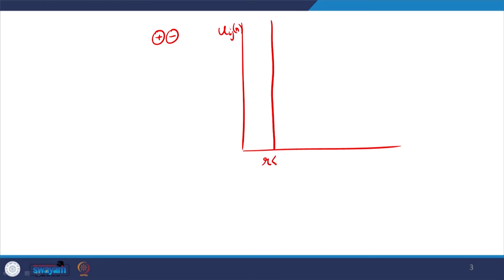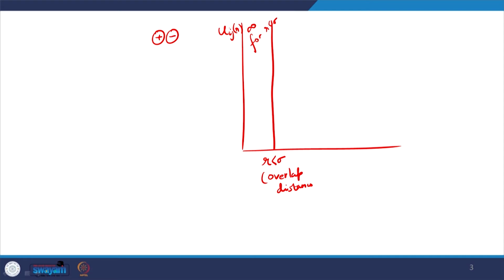Now, I have been telling you that if I want to really put in the hardcore in a very strict manner, that is, if I say that my u_ij(r) for r less than some sigma, the overlap distance, goes to infinity for r less than sigma, this will give me a discontinuity in the forces.